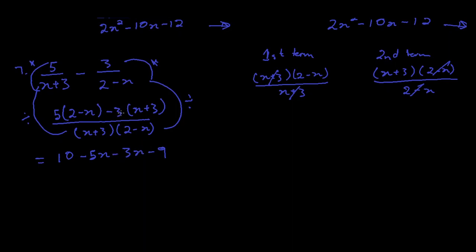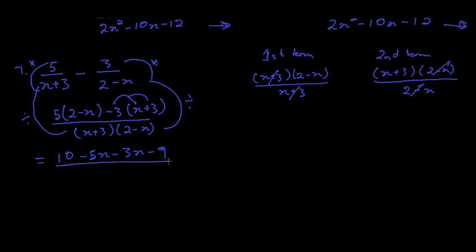Then this negative 3 is also going to multiply the positive 3 there, which should bring us to a negative 9, since negative multiplied by a positive is negative. Okay, same goes here. Positive multiplied by a positive is going to bring us a positive 10. Then a positive multiplied by a negative x is going to bring us to a negative 5x. Okay, so this is what we have for the numerator.